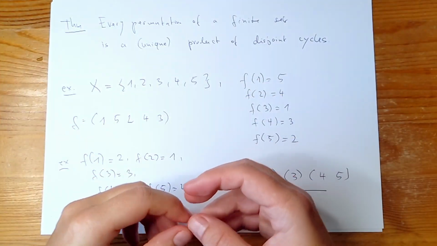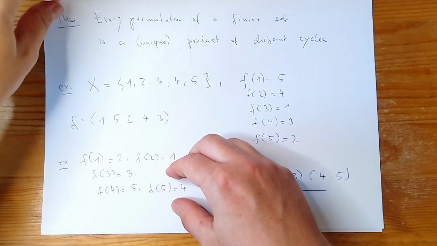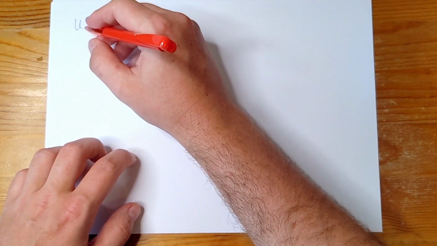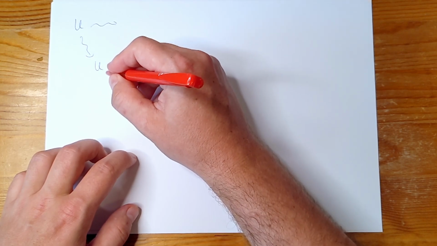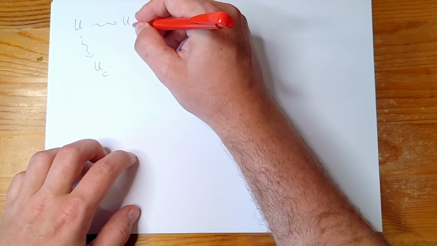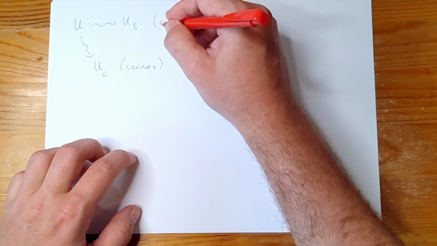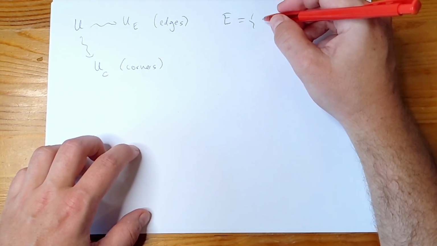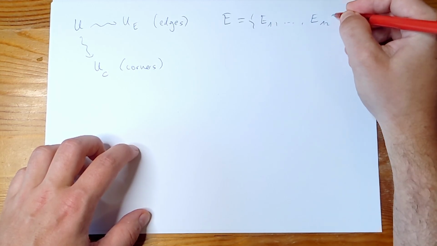Now let's have a look at how these cycles look like at some examples on the Rubik's Cube. So for example, we have the sequence of moves U, and remember we have associated 2 permutations with this. So one is with the corners and one is with the edges. And let's denote the set of edges with E1 to E12.